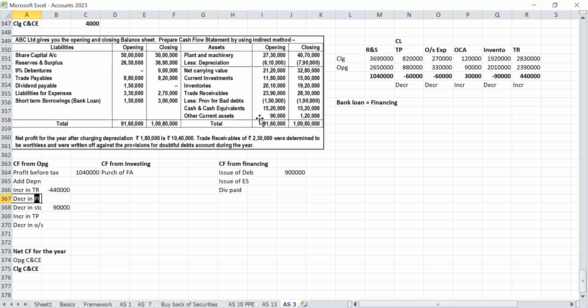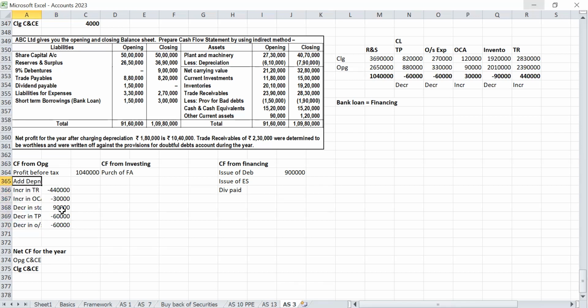Then other current assets increase, so we have to deduct 30,000. Trade payable decreases, so we have to decrease 60,000. Outstanding expenses decrease, so we have to decrease 60,000. Everything taken care? Yes, sir. Five items, over.